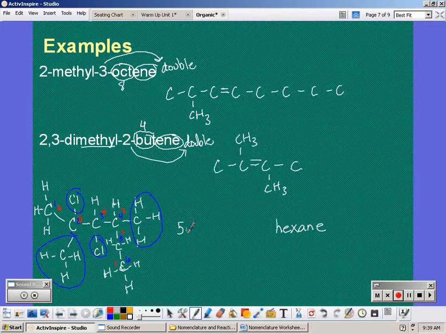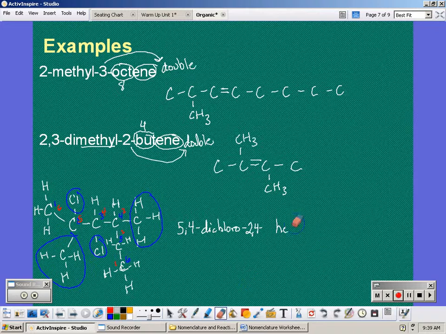So 5,4, dichloro, because they're both chlorines. And then we have a methyl group on the 2nd carbon and on the 4th carbon. Dimethyl. Hexane.